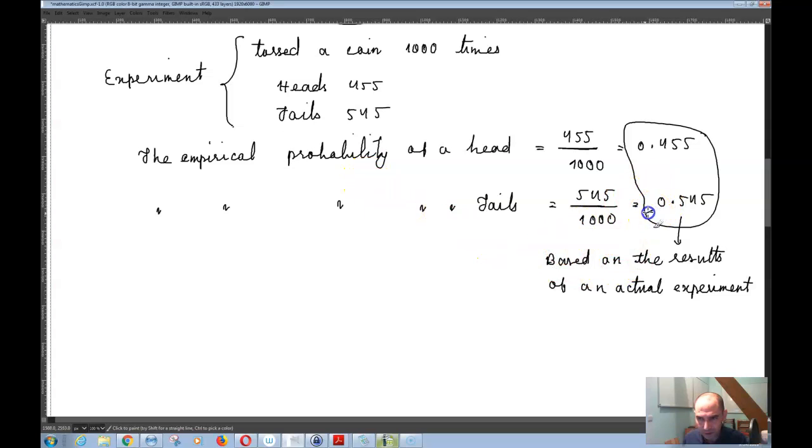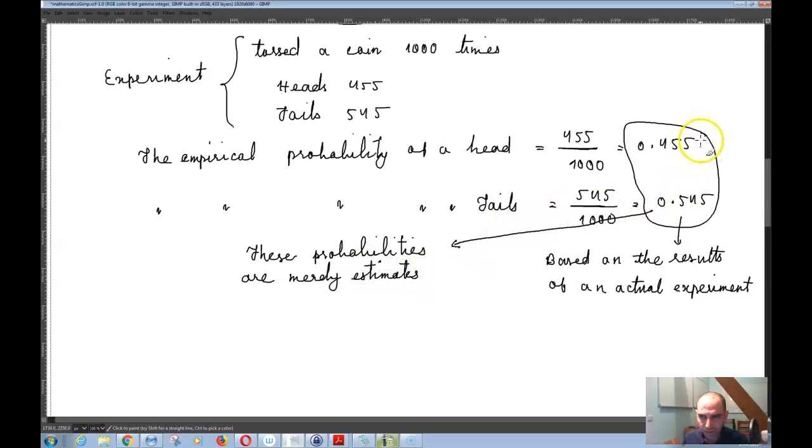One more thing that we notice about such numbers is that these probabilities are merely estimates.